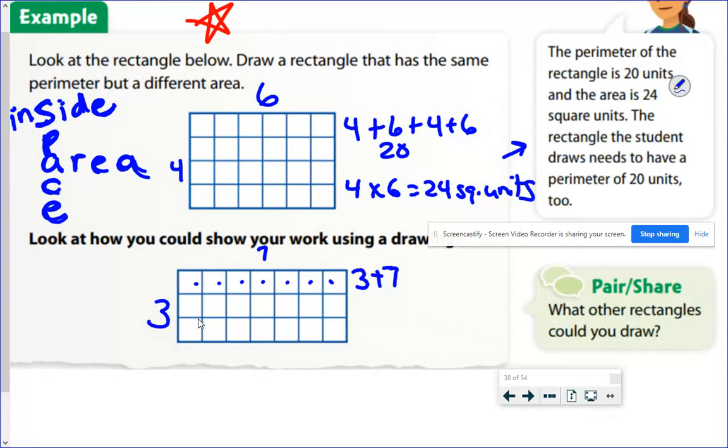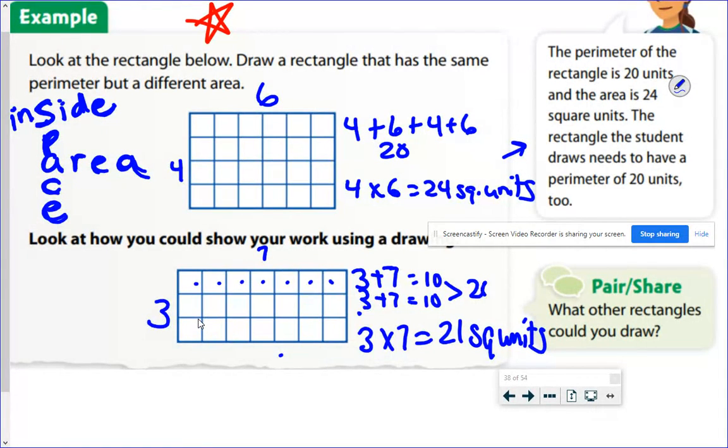And then you're going to double that because this is the other 7 and the other 3 right here. It's the same as doing 3 plus 7, 3 plus 7. And then the area is multiplying how long it is by how wide it is, and that's 21. So that's how you can have a rectangle that has the same perimeter but different area.